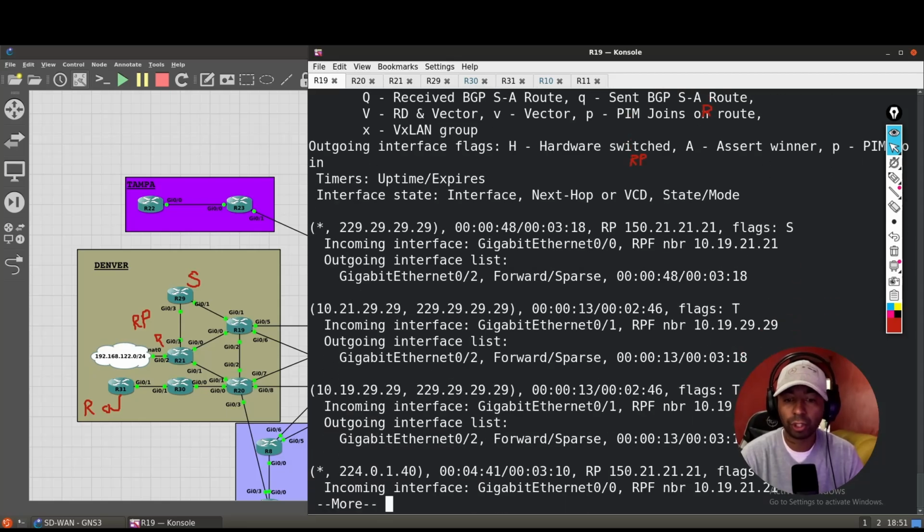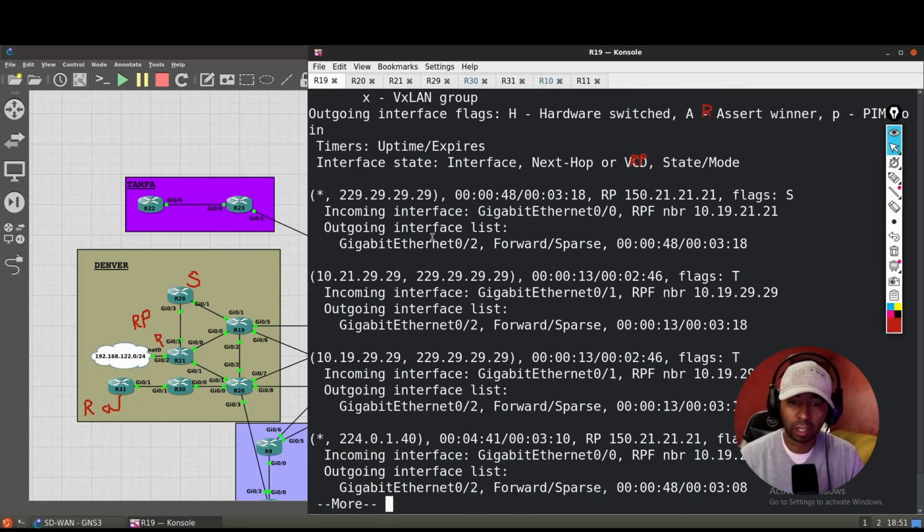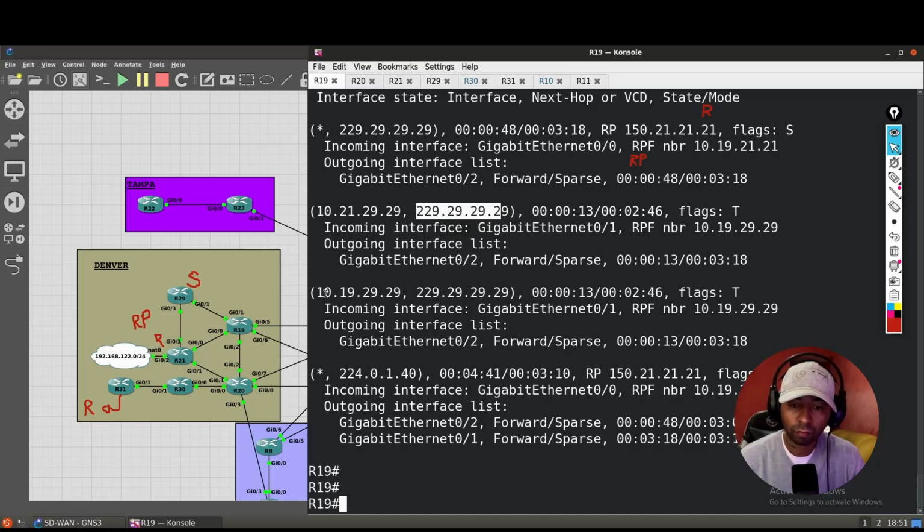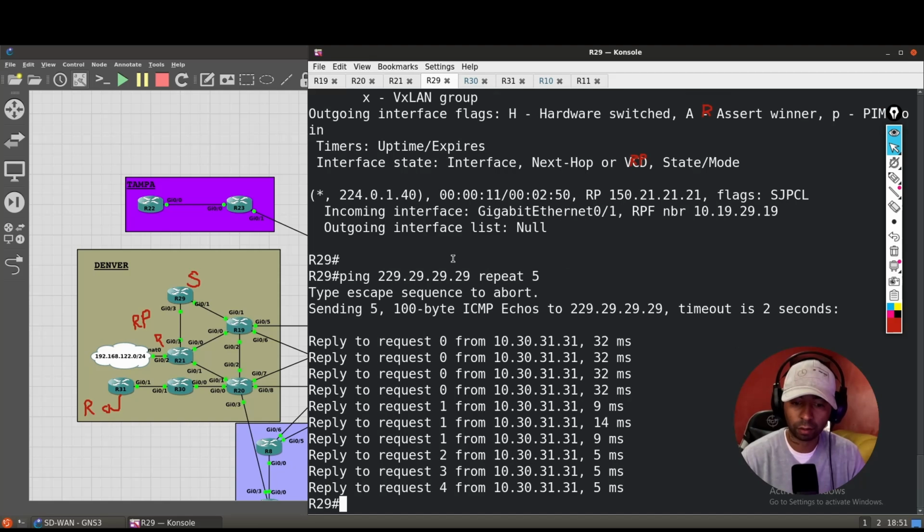The *,G now becomes the source and the receiver. Yes, source and the receiver. Really good. This is also showing here.